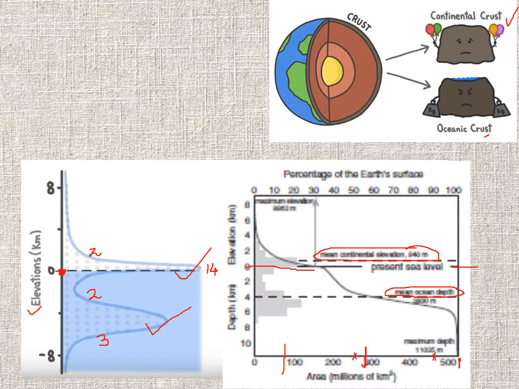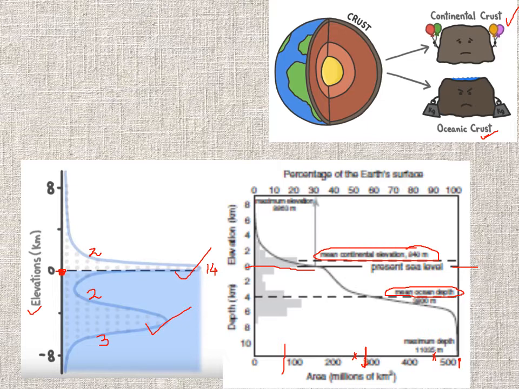Now oceanic crust is made up of basaltic material, and this basaltic material is much higher in density compared to the continental crust, which is granitic to andesitic in composition. So this granitic andesitic continental crust is lighter than the basaltic oceanic crust.